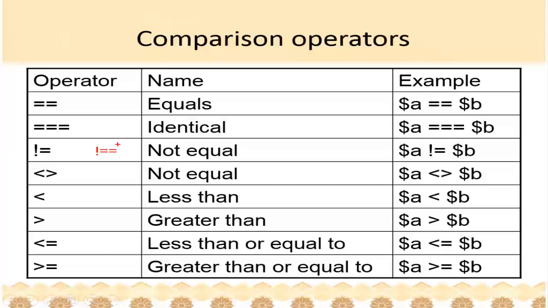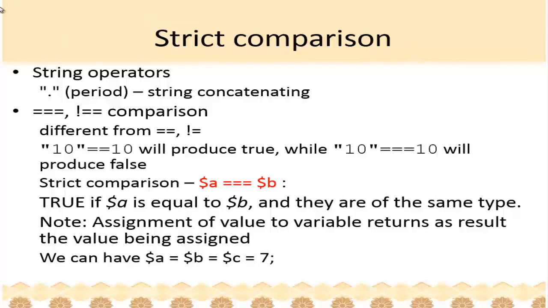So that is comparison here. So 10 equal to 10 will be true, because even if it is a string, and if you really want to make a comparison, you have to do what is. And the other one is an obvious one. I'm not going to give you an explanation on it.